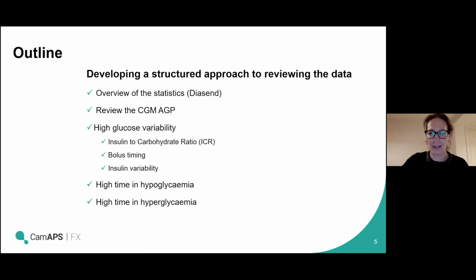And again, hopefully by the end of the session, we're a bit familiar with some of this terminology. And then thinking about some of the common scenarios that we see, particularly high glucose variability and some of the things to consider: the insulin to carbohydrate ratio, bolus timing and insulin variability. And then we'll also look at cases of high time in hypoglycaemia and high time in hyperglycaemia.